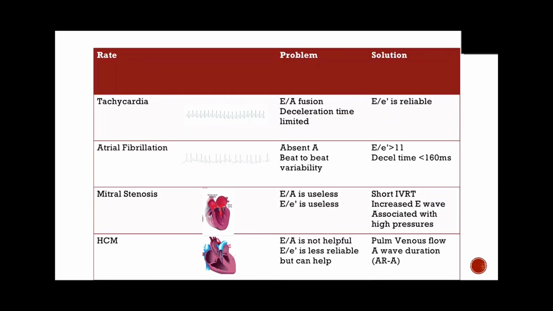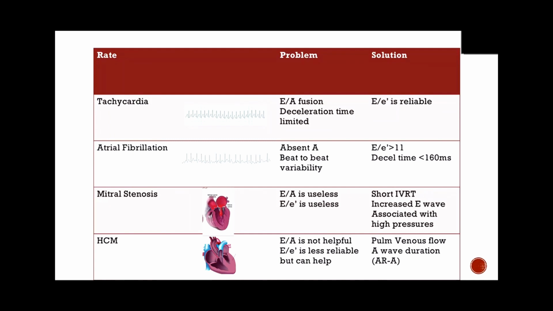Now, there are a couple points that are really important to remember, and those are times when normal diastolic function assessment is not as reliable. And so in the setting of tachycardia, right, that period of diastole in which the two chambers, the left atrium and the left ventricle, are equal is substantially less.